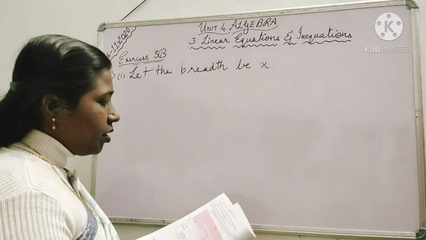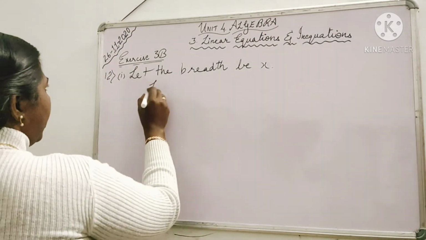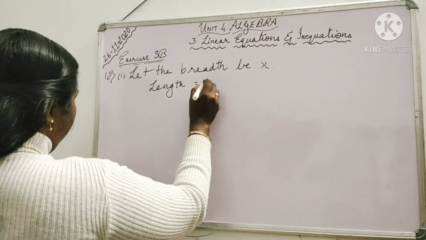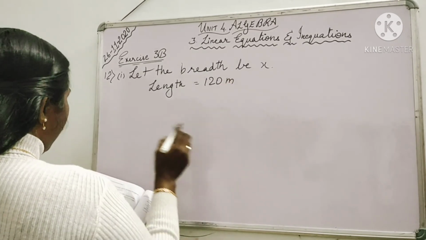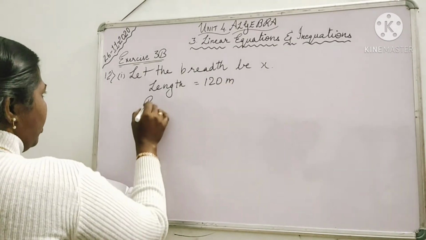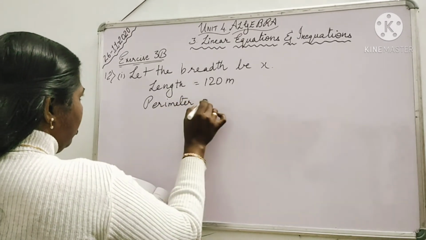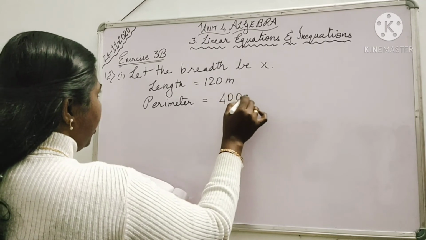And then what is given? The given part we will write down. Length is given, 120 meter, and perimeter is given. So perimeter is equal to 400 meter.